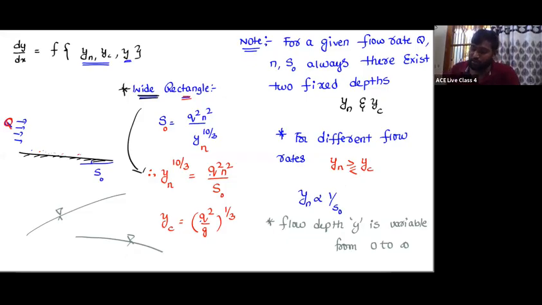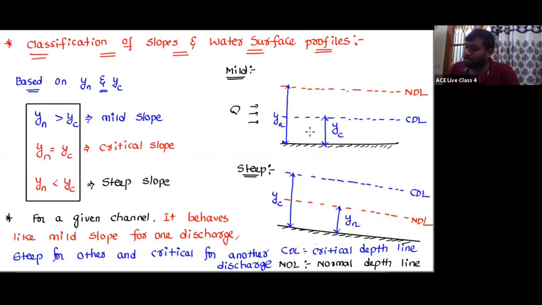Now what is going to happen over here is, if you observe, in the case of the mild slope or steep slope, the entire thing is nothing but the flow. Now everybody have a look. When I allow some discharge, its actual flow depth may lie above NDL, CDL, may lie.